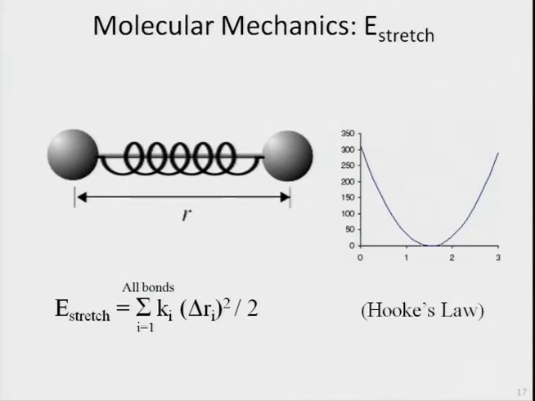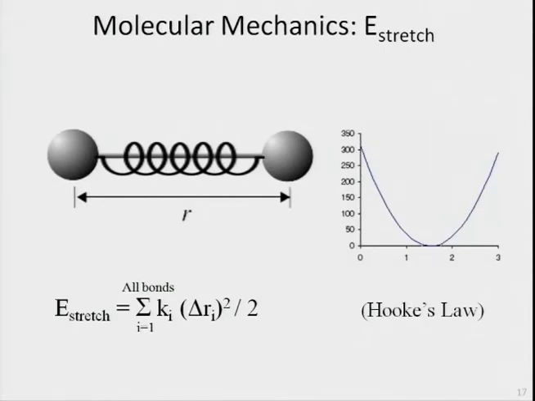Yeah, so this is what this is. The equation is 1/2 kx squared. Here's the 1/2 k and then x squared. Here's our x. It's r in this case. And this is known as Hooke's law. Hooke was a British physicist who lived in the 1600s. He came up with this.